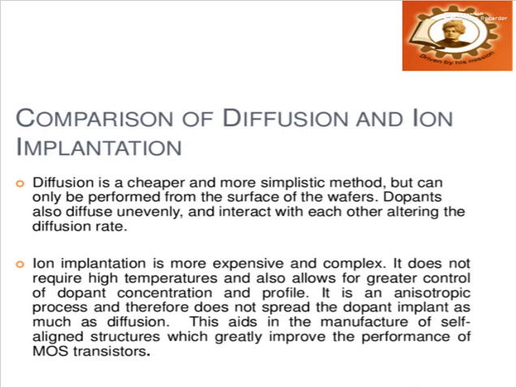It is an anisotropic process, so it does not spread the dopant implant as much as diffusion. So you can control the dopant concentration. This is the biggest advantage of our ion implantation method compared to our diffusion method. So thank you, that's all.